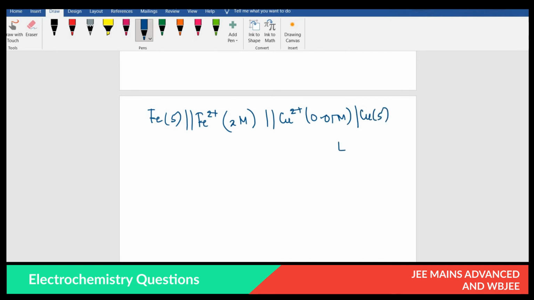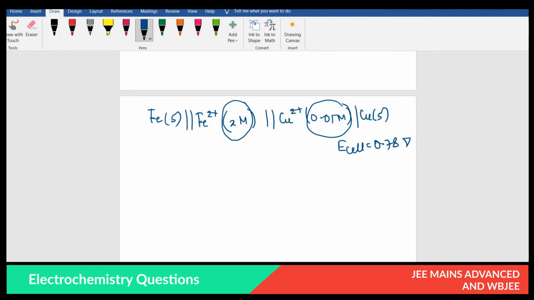The E cell is mentioned as 0.78 volts, and the individual reduction potentials are given, which we shall discuss a little later. But first things first, students, whenever you see a concentration value given to you, the first thing that should strike your mind is that you have to use the Nernst equation somehow. So that is a clue.